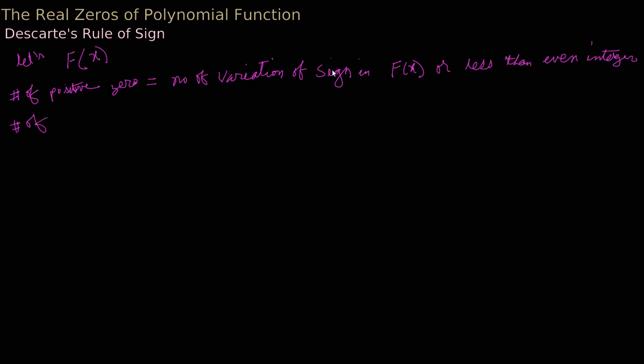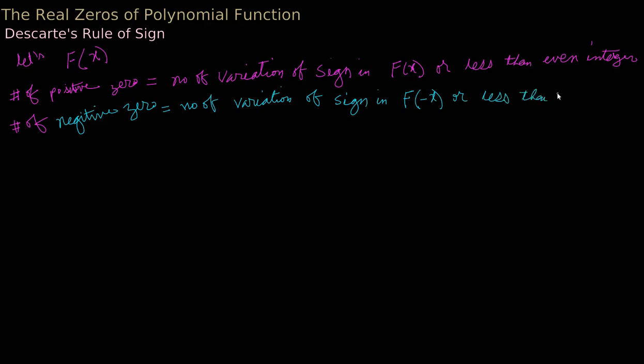The number of negative real zeros of a function is equal to the number of sign variations in f(-x), not f(x), or less than that by an even integer.